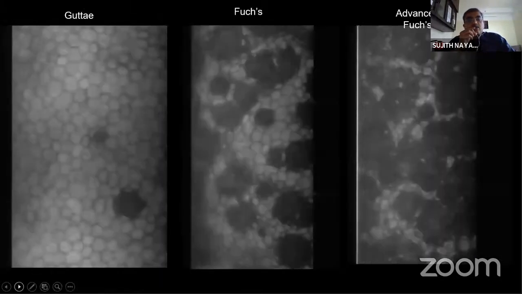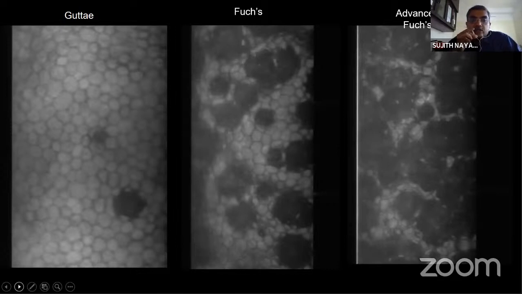So the most important which we always look for is the guttate changes. So what is a guttate change? It is actually an excrescence from the Descemet membrane that comes through the gaps in the endothelial cells. You can see such changes in the first left picture.